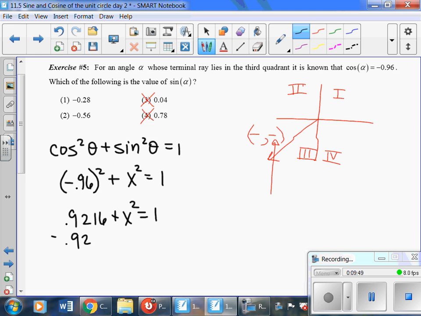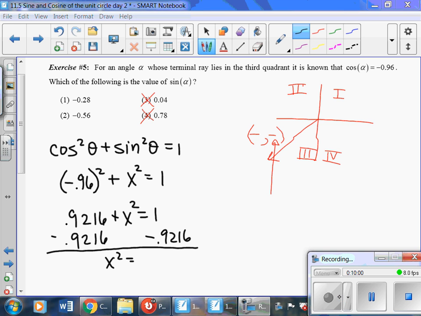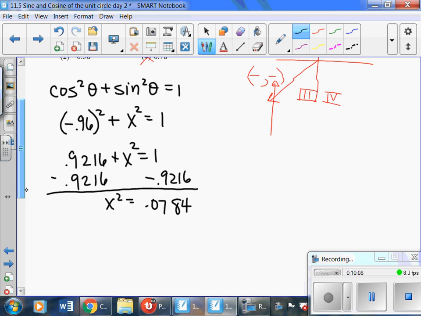We have to subtract this out. And x squared is equal to 0.0784.